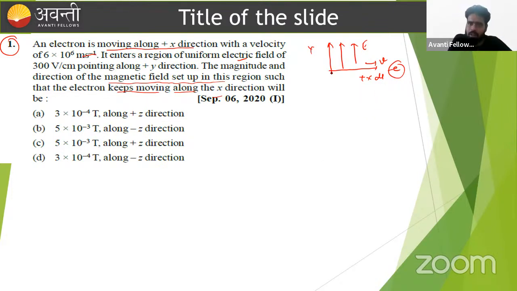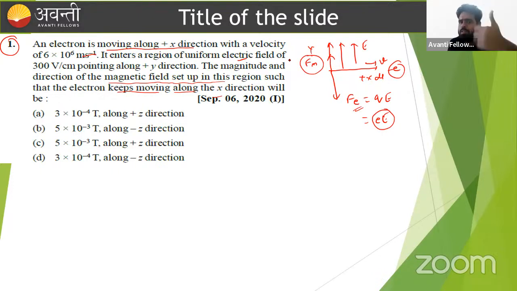Since this is a negative charge, the electric force acts in the downward direction, with magnitude qE, where q is the charge of the electron. To counterbalance this force, we must apply a magnetic force in the plus y direction so that the electron continuously moves without deflection. So we choose a magnetic force upward in the y direction.